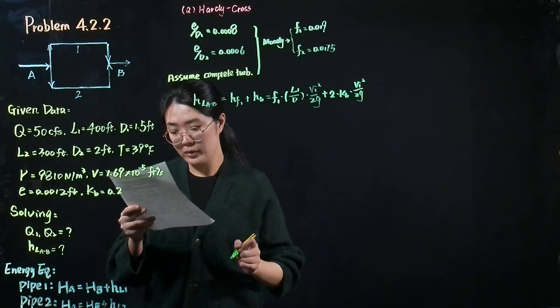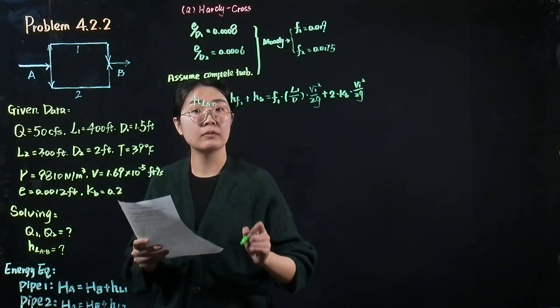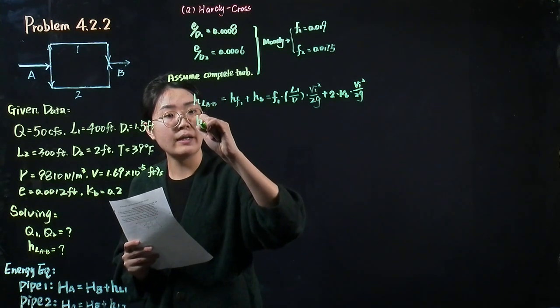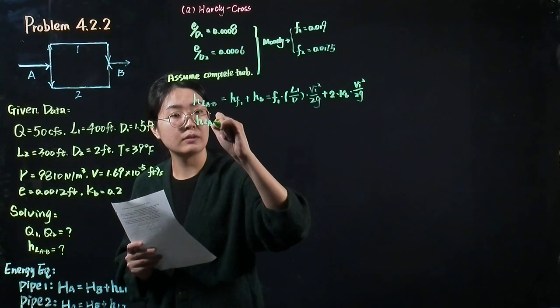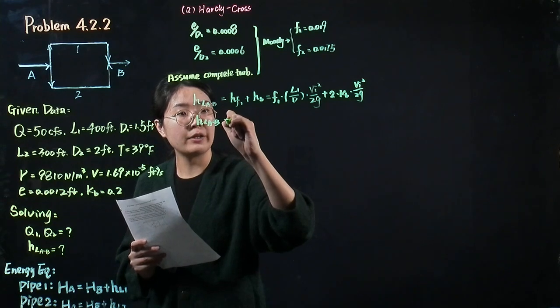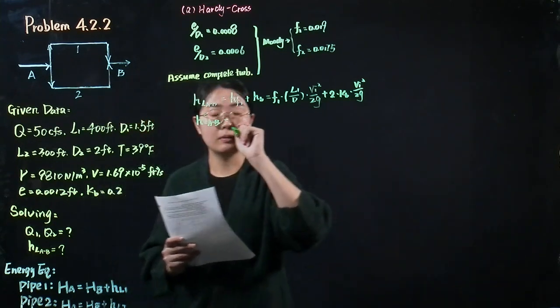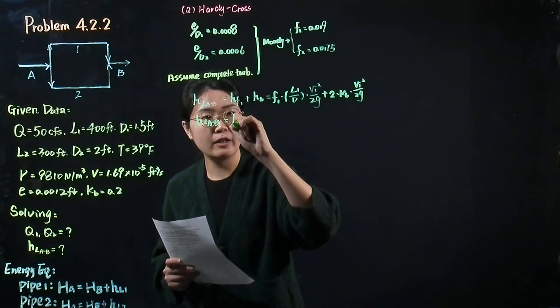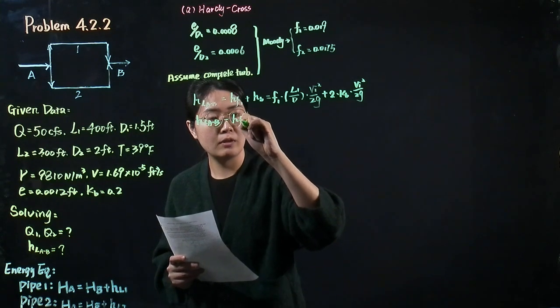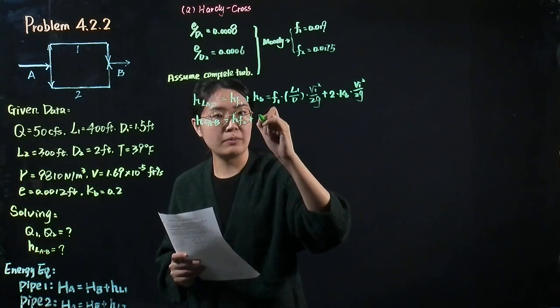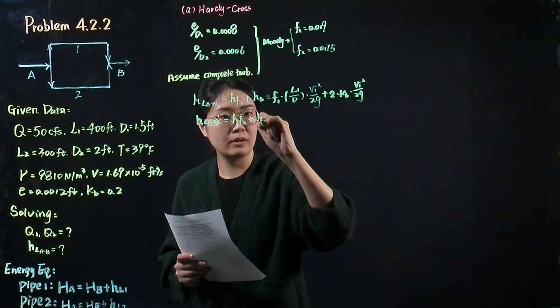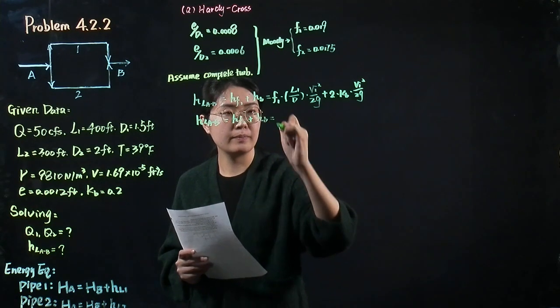If we write down the head loss equation by using pipeline 2, similarly, it equals the friction loss in pipeline 2 plus the bend loss.